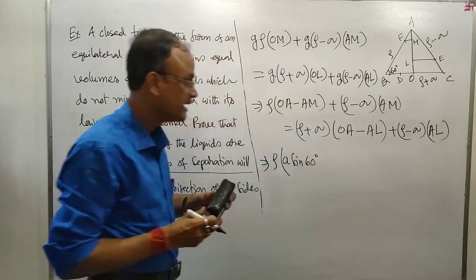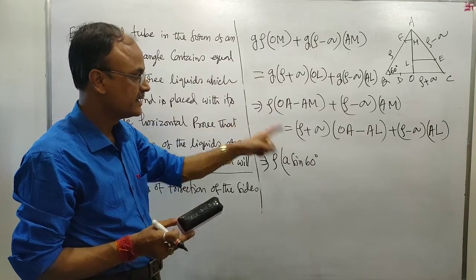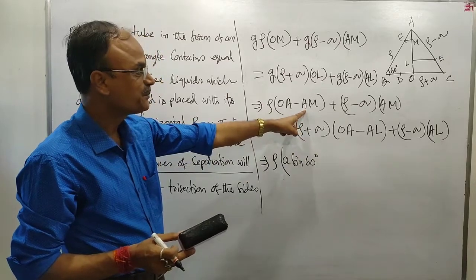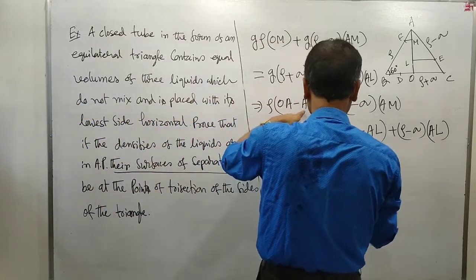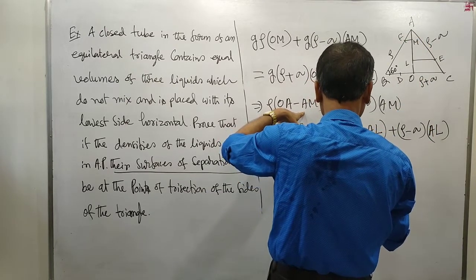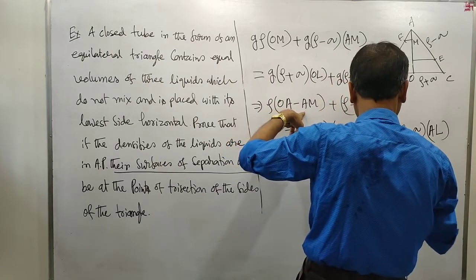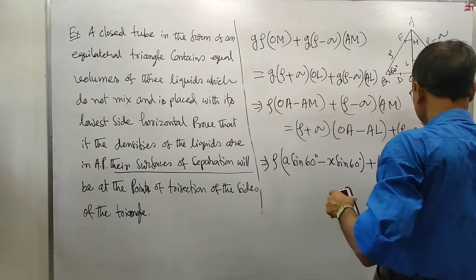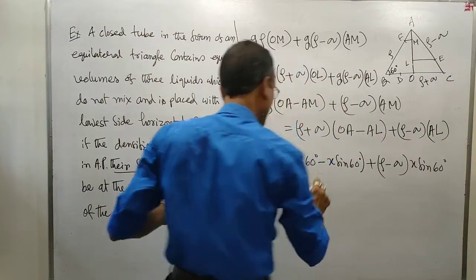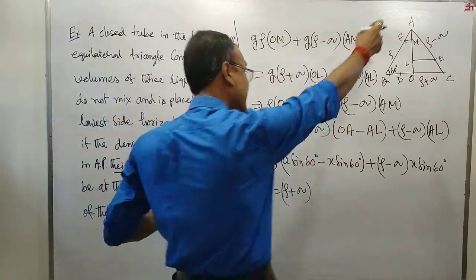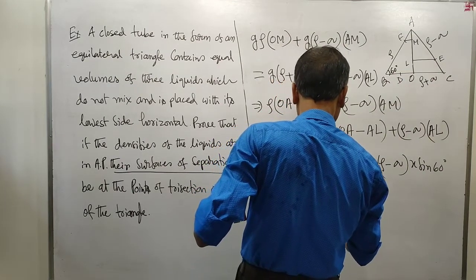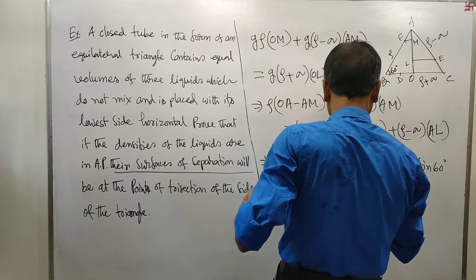Then minus AM, where AM equals AF sin 60 degree, which is x sin 60 degree, plus rho minus sigma times x sin 60 degree. This is equal to rho plus sigma times OA, which is a sin 60 degree.